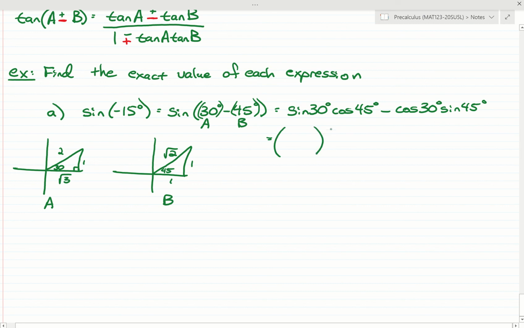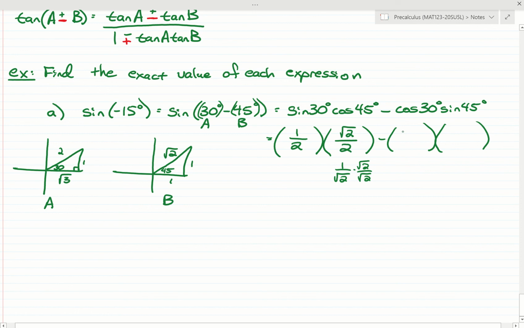So now let's fill in what these are. It's really not a complicated thing, it's just some new formulas. Looking at our triangles, the sine of 30 degrees is 1/2. Cosine of 45 is 1 over root 2. But we're going to have to rationalize this, so just to save us a little bit of work, I'll rationalize it. And 1 over root 2 is root 2 over 2.